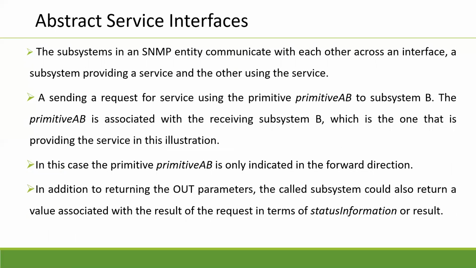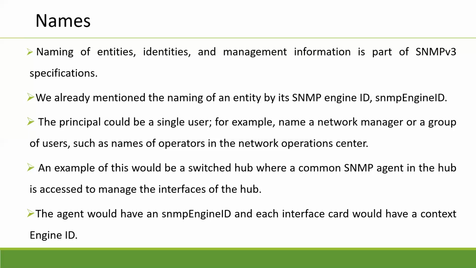Then the management entity can be responsible for more than one managed object. Hope you are clear with the example. A management agent associated with a managed object at a given node could be managing a neighboring node besides its own. So each object is termed context and has a context engine ID and a context name.